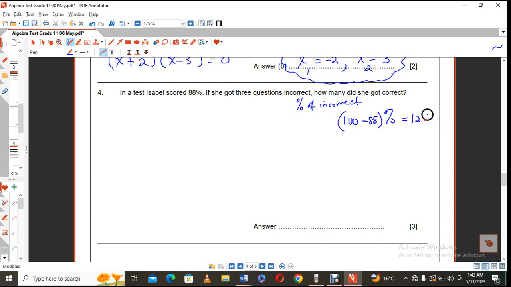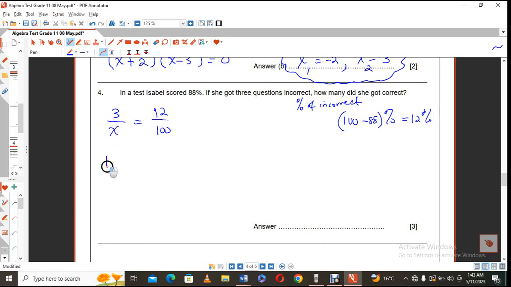Well, 12% of the questions represents 3 out of something. This x, I'm going to let that represent what the test would be out of. Since I don't know what the test is out of, I know that she got 3 questions wrong, and that 3 is the same as 12%, all right?